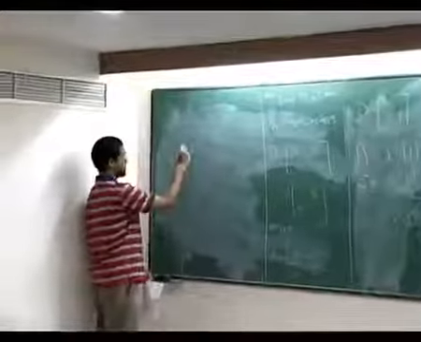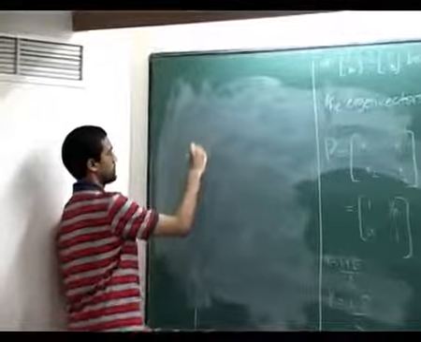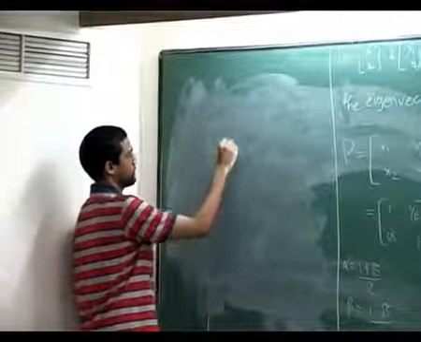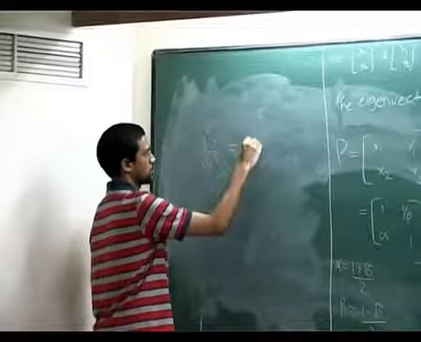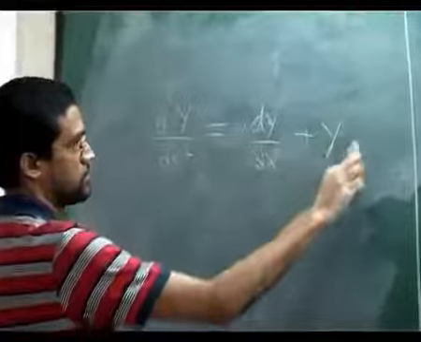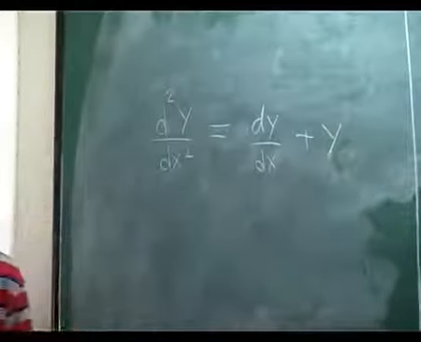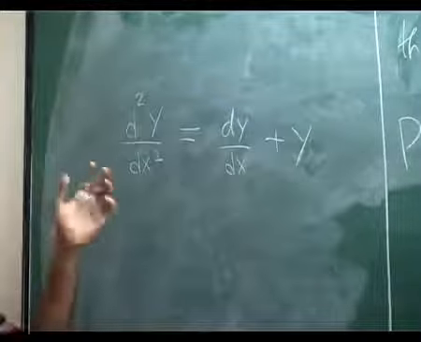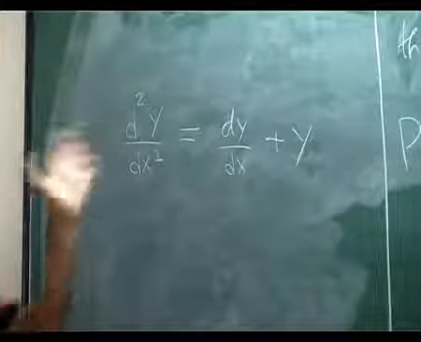So I'm sure people have seen this kind of equation, d square y by dx square equals... for example, if you have to solve, so I'm just going to make the point that this is actually a lot like the Fibonacci sequence.